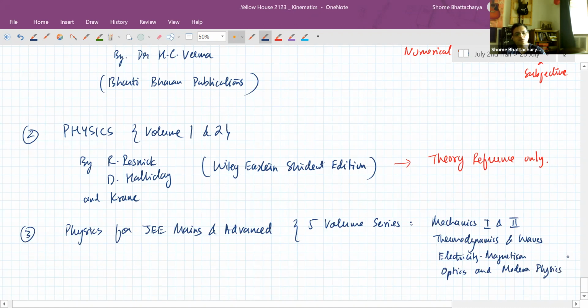So these 5 volumes cover the entire 11-12 syllabus. This is by an author called D.C. Pandey, Arihant Publications.